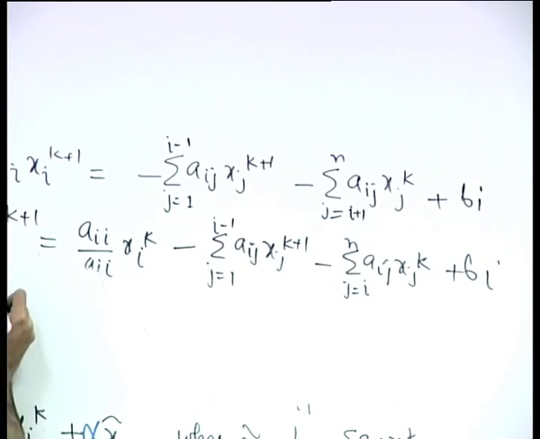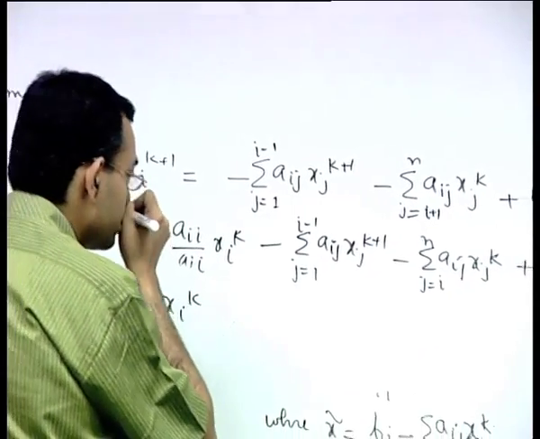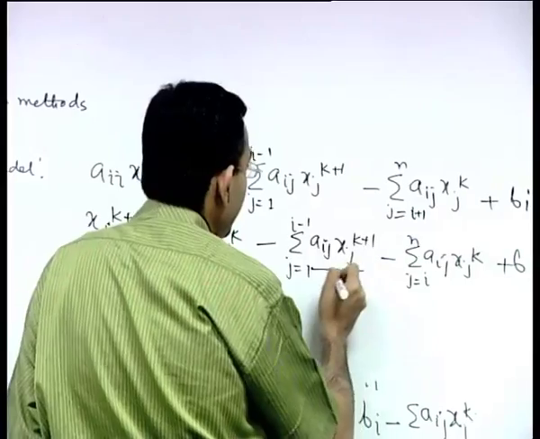So you have xi k plus 1 is equal to xi k, these divided by aii, right.